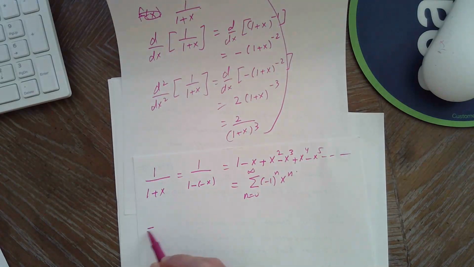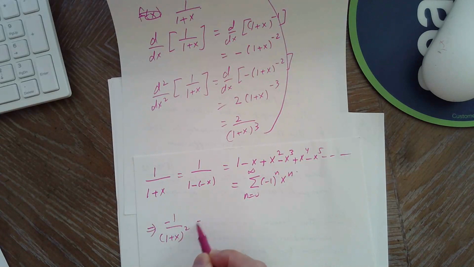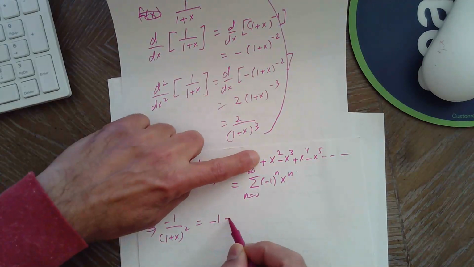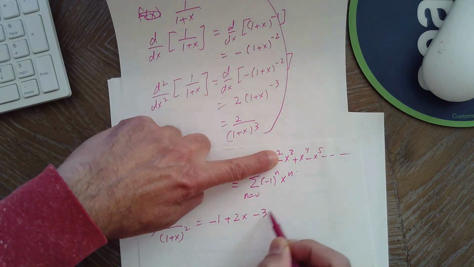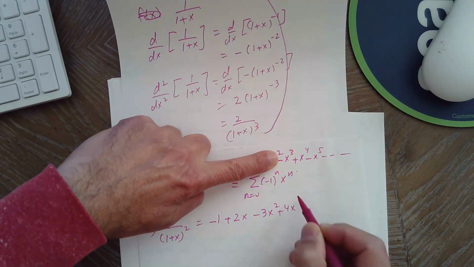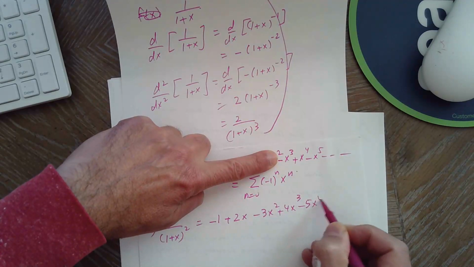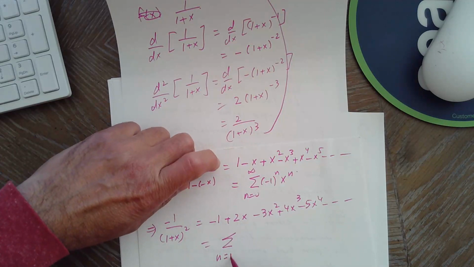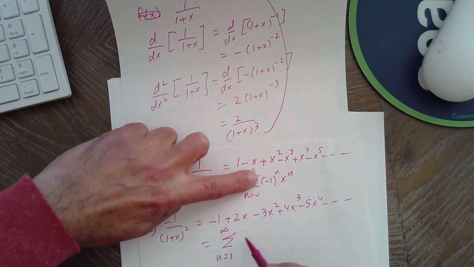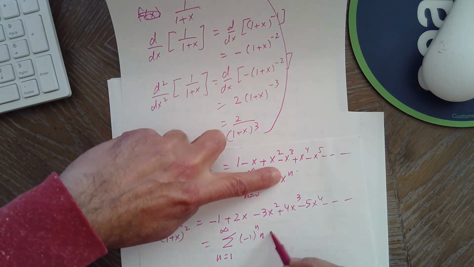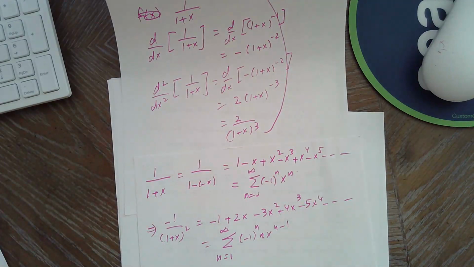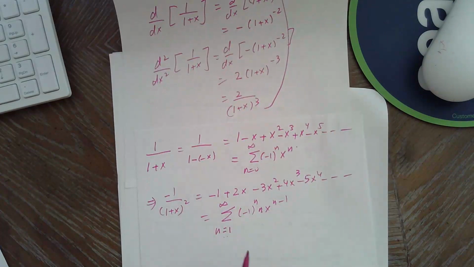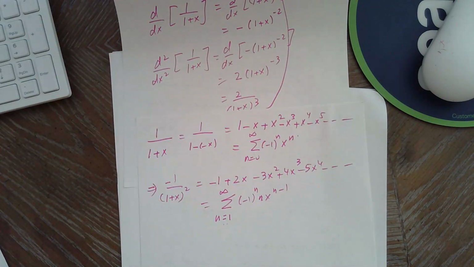That means if you find the derivative, it's going to give you negative 1 plus 2x minus 3x squared plus 4x cubed minus 5x to the 4, and so on, which is the sum from n equals 1 to infinity of negative 1 to the n, n x to the n minus 1. And remember, we start at 1 because the constant is 0, so n equals 0 doesn't exist anymore.